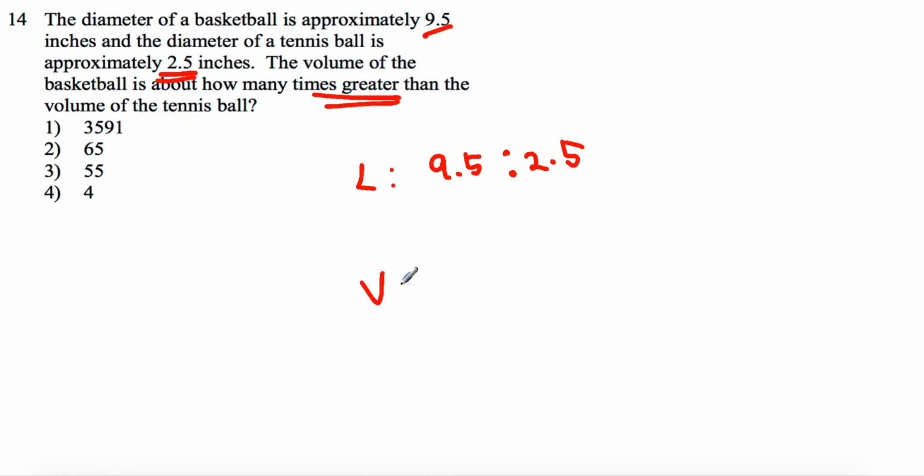The ratio of the volume has to be in fact the cube of that. So 9.8, not 8, 9.5 cubed to 2.5 cubed.